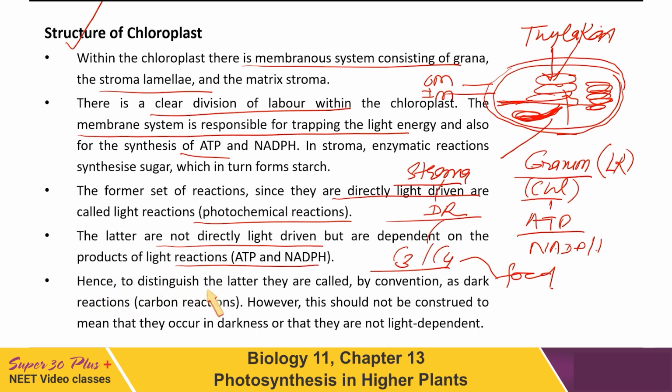Hence, to distinguish the latter, they are called by convention dark reaction. But this is a misleading word, a misnomer. Dark reaction doesn't mean that it takes place in the dark. The only thing is that it doesn't need light directly. Therefore, it is independent of light. We have to remember it.